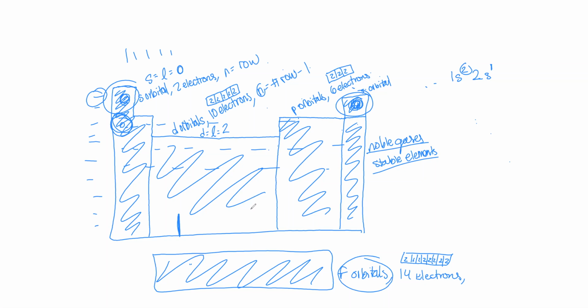Gold's on the second to last row. It's going to be right about here. So let's just say these are the last 2 rows in the periodic table. Gold's about right here. But before it comes these radioactive elements, and we count these as F orbitals.